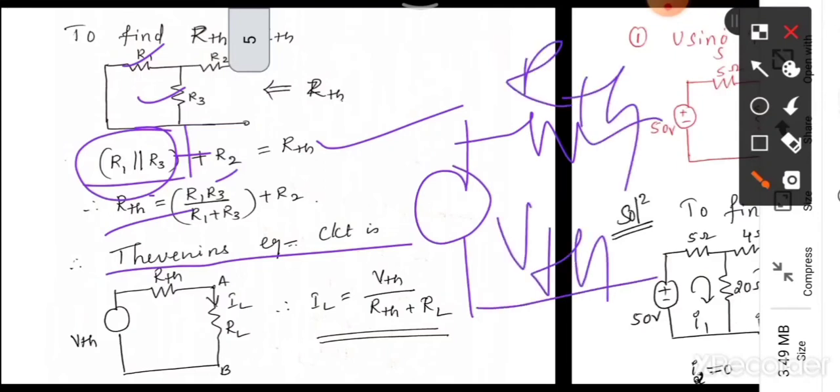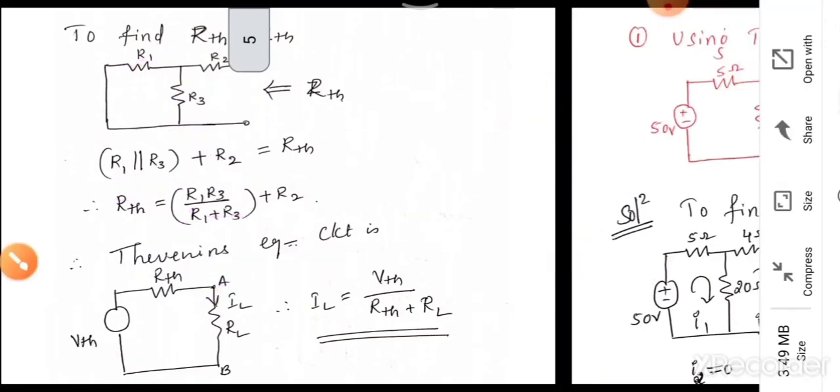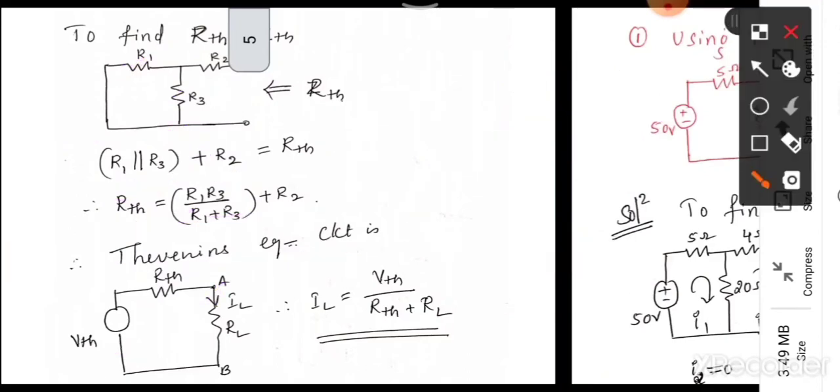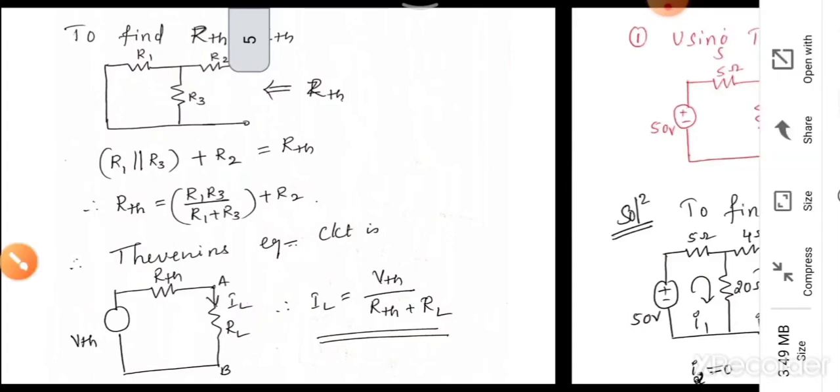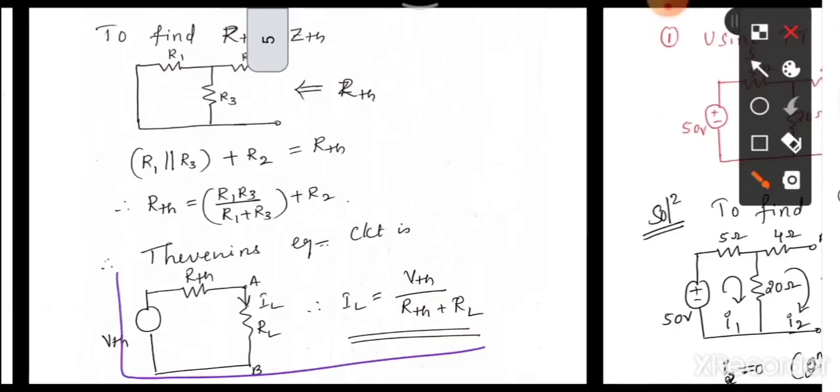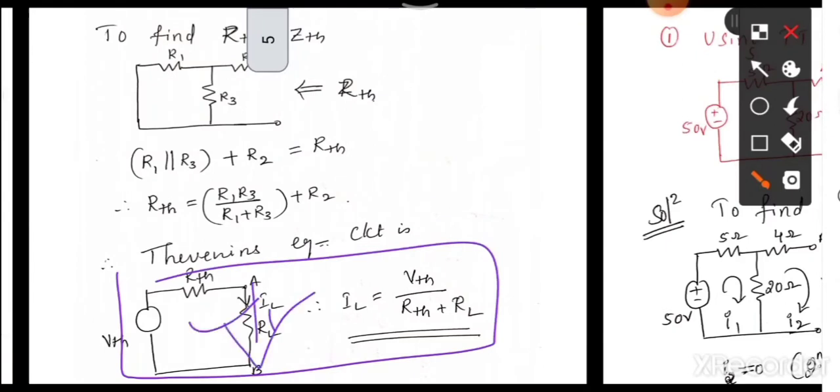Okay, and then now you can substitute the values of VTH and RTH, what we have calculated over here. And then if you would like to calculate IL, or current flowing through any resistance between those two terminals, we have to substitute here. Okay, and then we have to say IL equal to VTH divided by RTH plus RL. Okay, so hope this is clear, your Thevenin's equivalent circuit, as well as the current flowing through this RL.